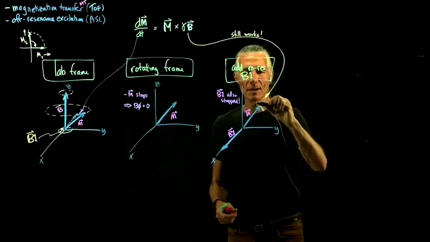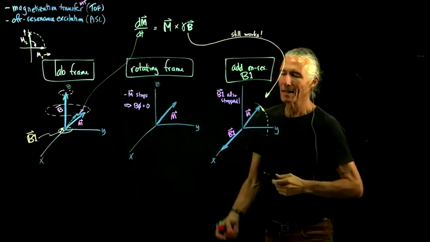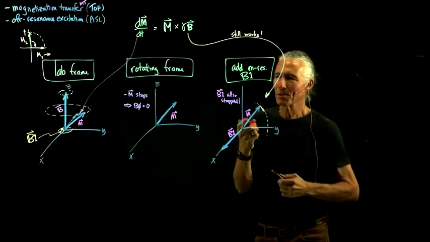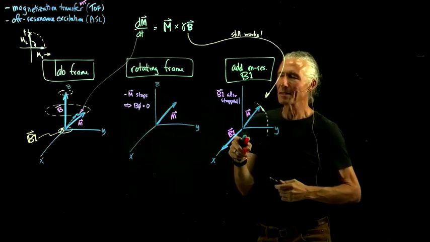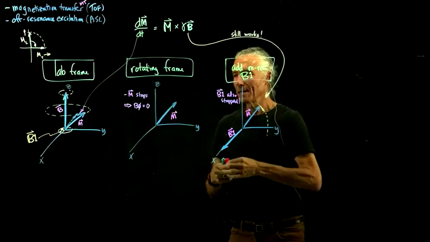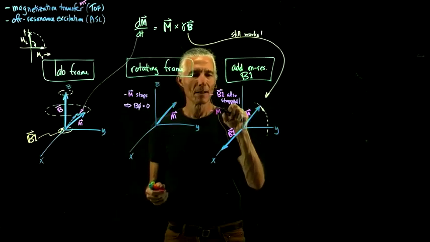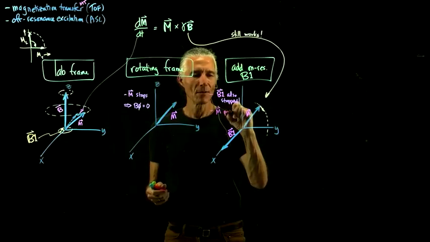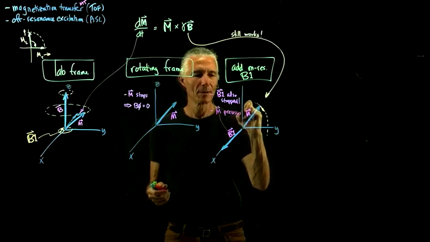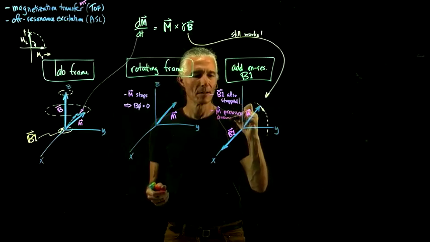And so it will cause basically the M vector to precess around the B1 vector. So that's the bottom line. M precesses very slowly, compared to like the 123 million, around B1.